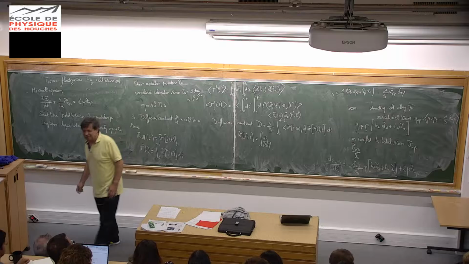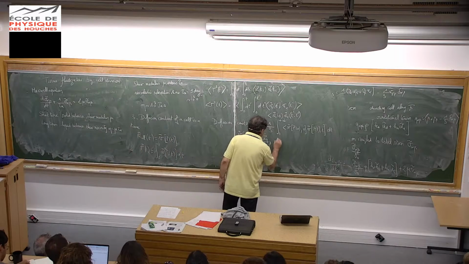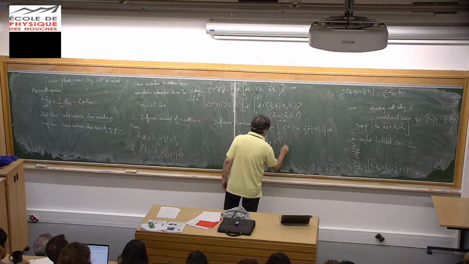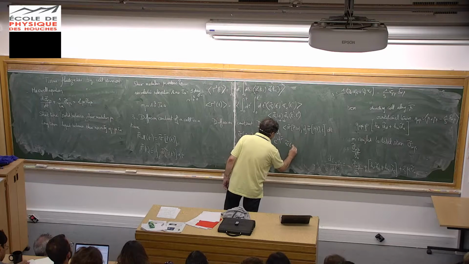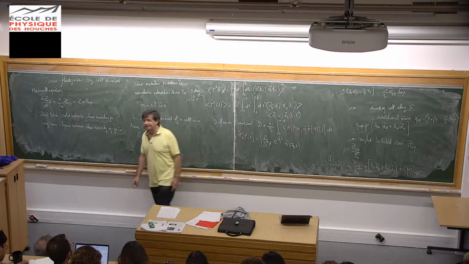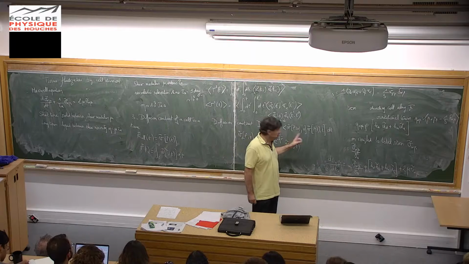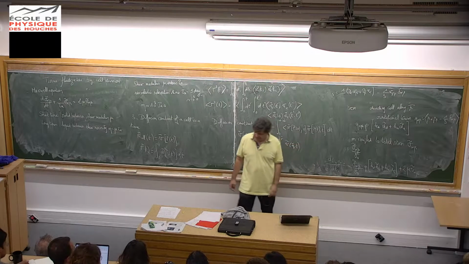This is my definition of the Fourier transform. E to the IQR V tilde of Q and T. And then what I will do, I will plug that in here and plug that in here.